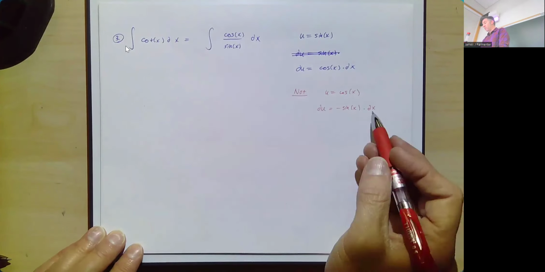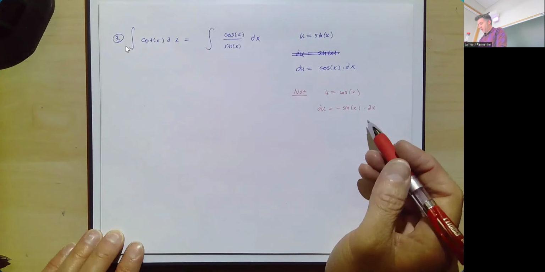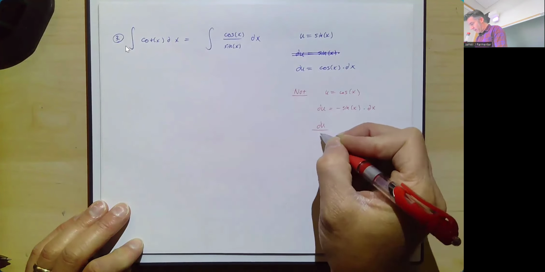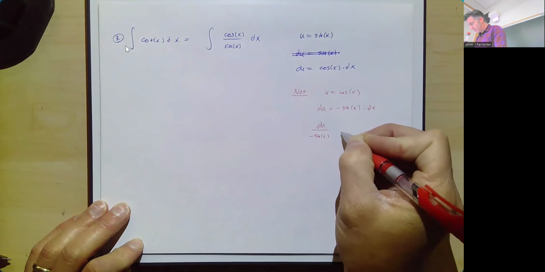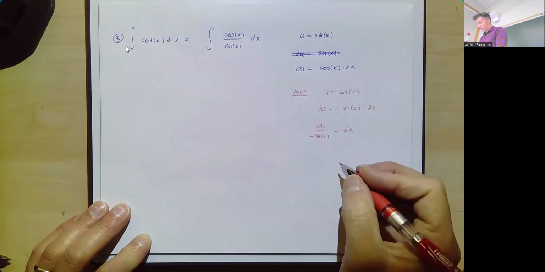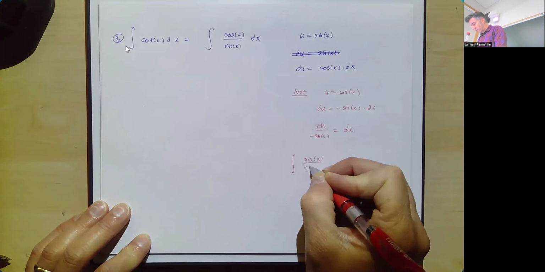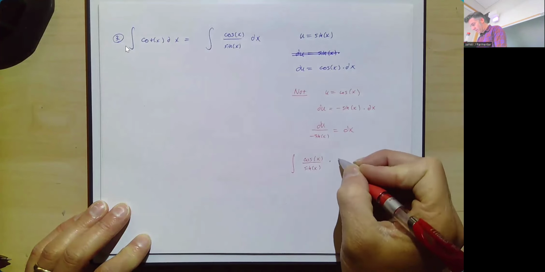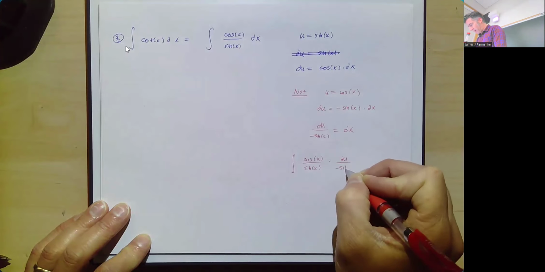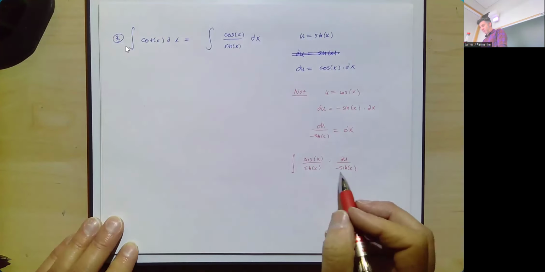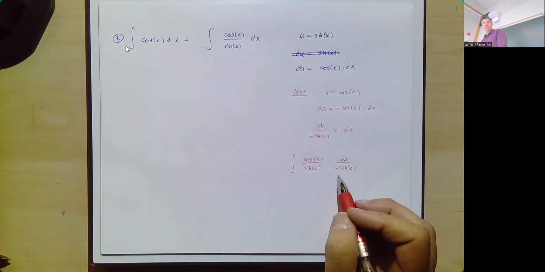In fact, if you try to solve for dx, du divided by negative sine of x equals dx, and then replace in your integral, you'd have some serious problems. Because you'd have cosine of x over sine of x times du over negative sine of x. And that sine is not canceling out.